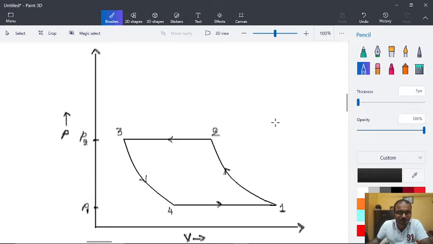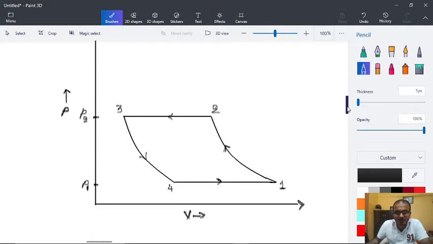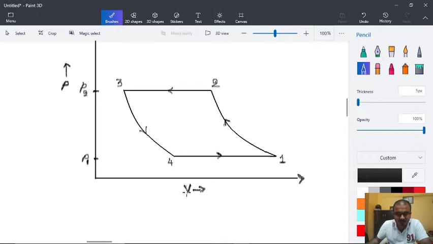Regarding the swept volume, here the swept volume is V1 minus V4.